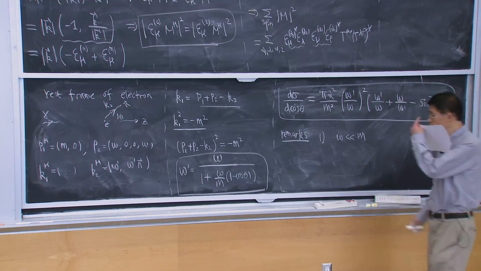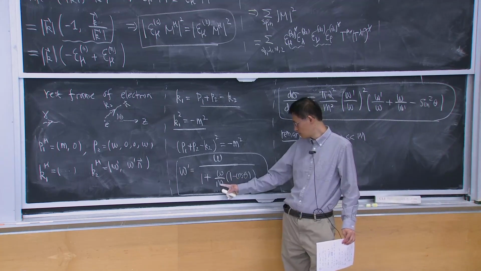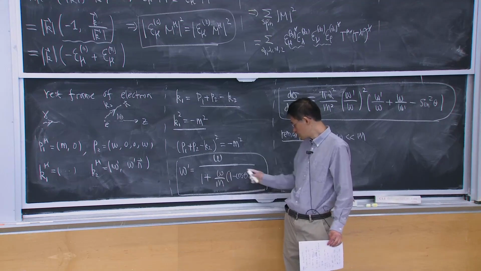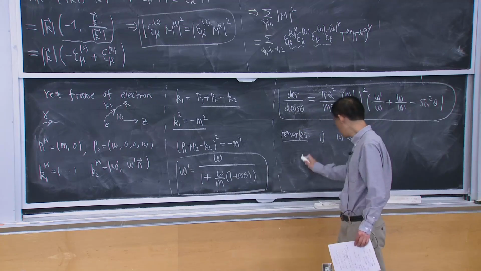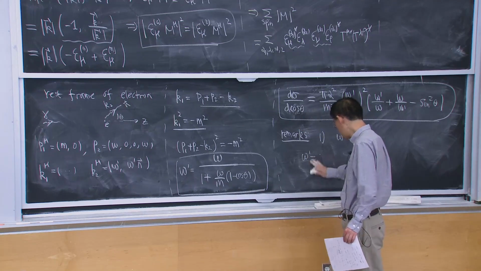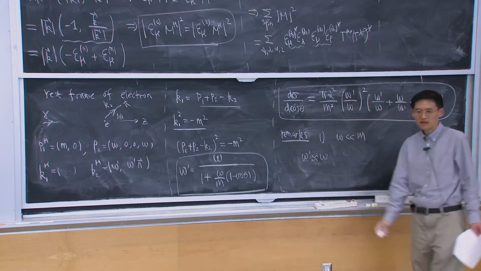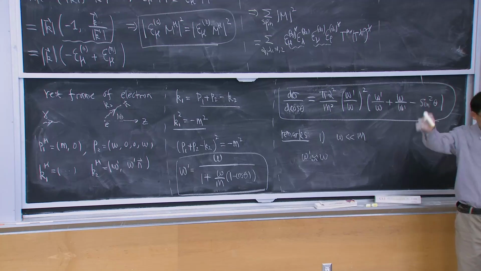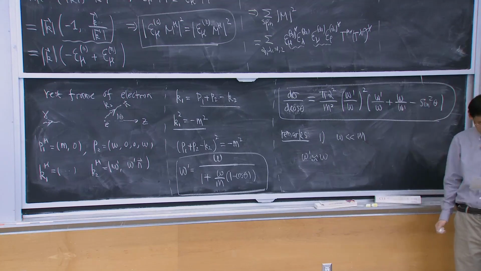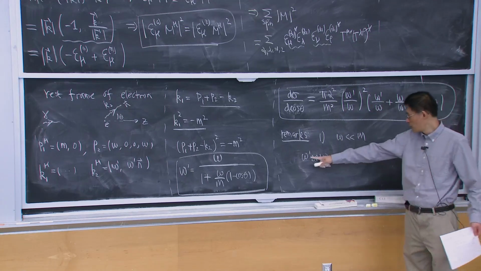If you look at this formula, then this factor is approximately 0, and you find in this regime that omega prime is approximately equal to omega. So the frequency does not change when the photon scatters away from the electron.